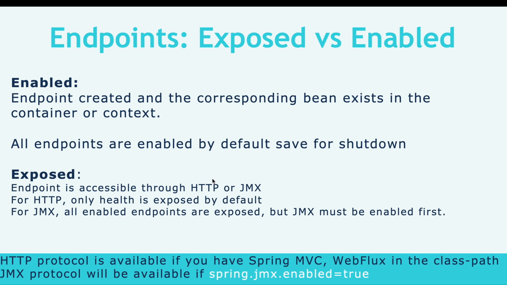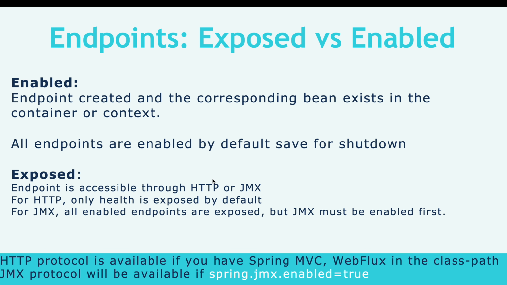Then let's talk about exposed. So when an endpoint is exposed, it means the endpoint is accessible to you either via JMX or via HTTP. But an endpoint that is exposed must have been enabled before. So for HTTP, only the health endpoint is exposed by default.